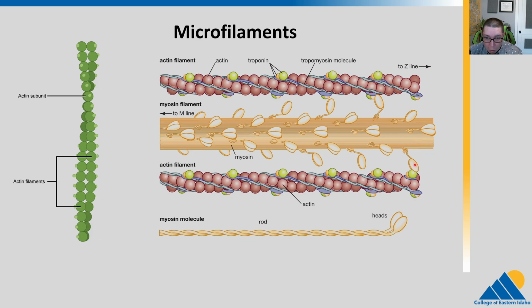You can see here they're pushing and pulling along the actin filaments that can help muscle cells move. The signals that are involved in that, you can learn about those in anatomy and physiology. There's ions that are involved and electrical impulses, but the actual motor itself is this little molecular machinery down here that's made up of microfilaments.